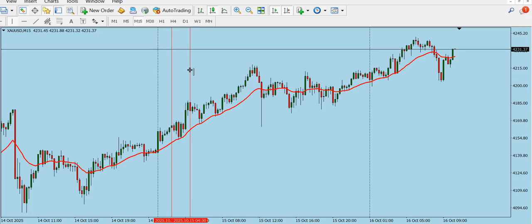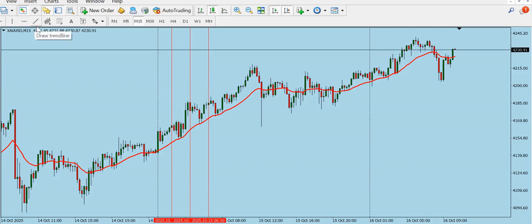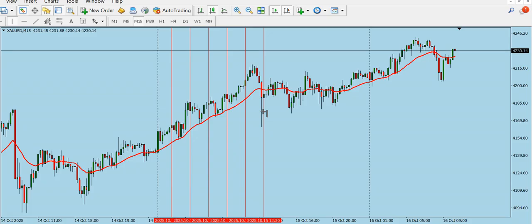The next 2 hours 30 minutes, that will be at 8:30. No, that will be at 6:30. The next one will be at 8:30. The next one will be at 10:30. Every 2.5 hours, I'll put vertical lines for the 15 minutes time frame.